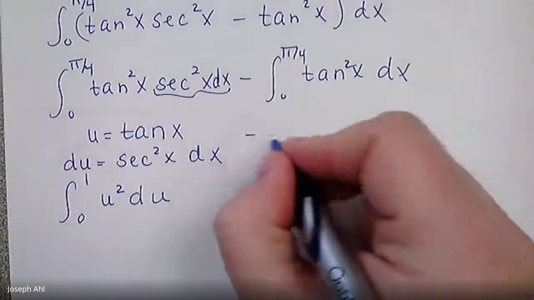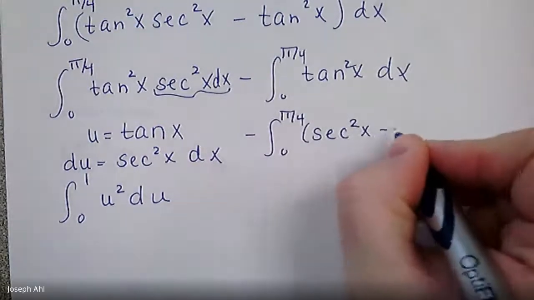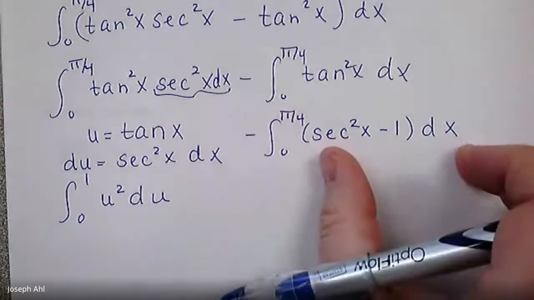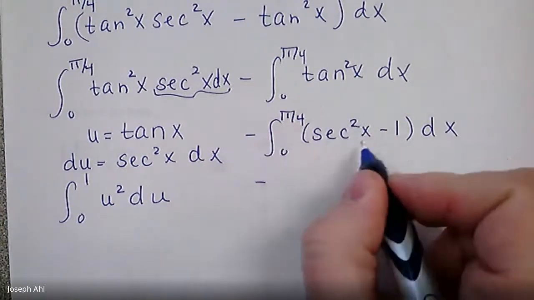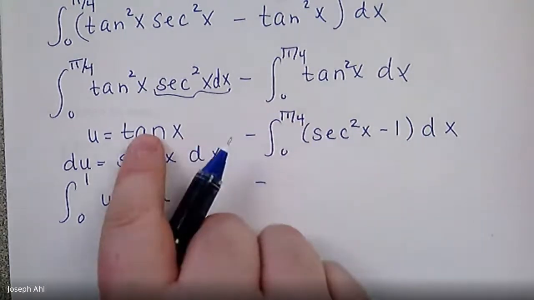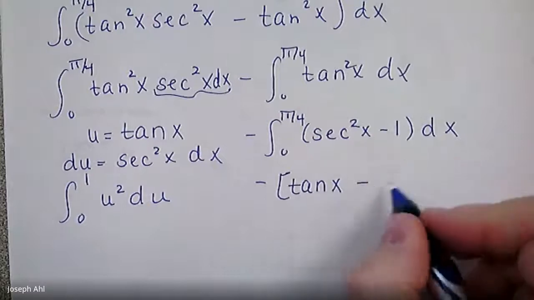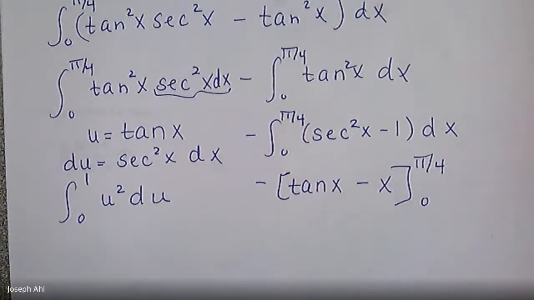Now, the trick over here is that if you change tan squared to, again, sec squared minus 1, this is much easier for us to integrate. So it's going to be minus, well, the integral of secant squared is tan x minus the integral of 1, which is just x, and we can leave the bounds of 0 and pi over 4 there. We didn't have to use a u sub over there.